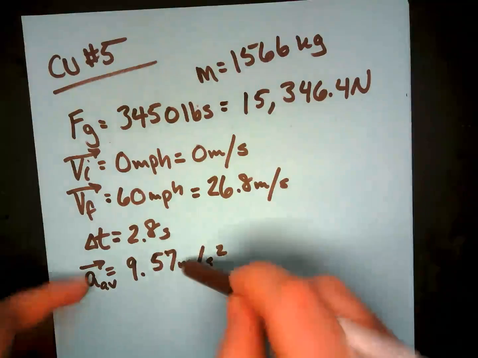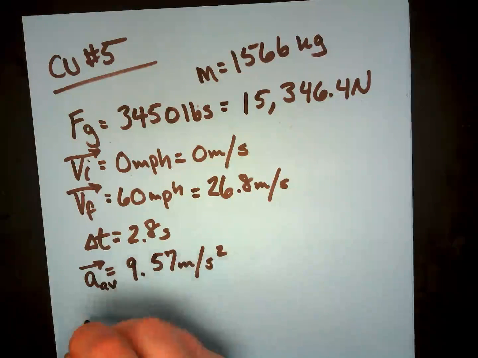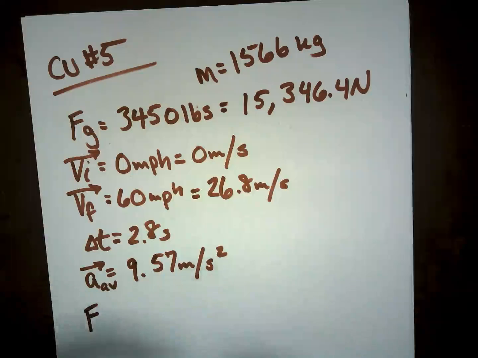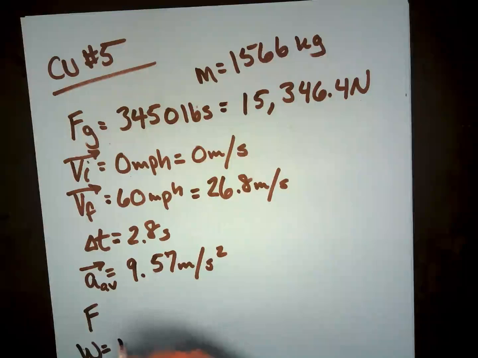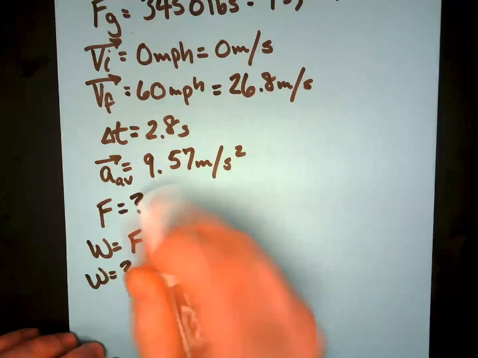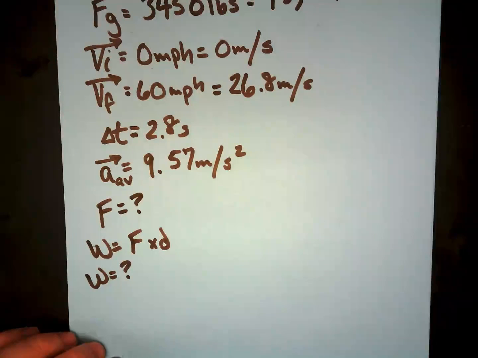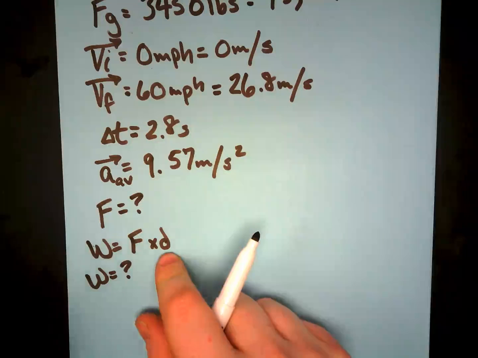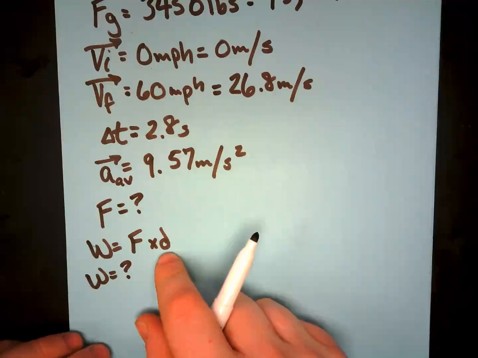We've got time, acceleration, and mass. In order to find power, we need work, and work is equal to force times distance. We don't have work, and we don't have force, but we can figure out the force real quick, and then we can also figure out the distance traveled.